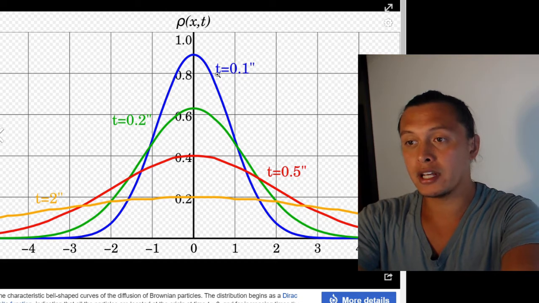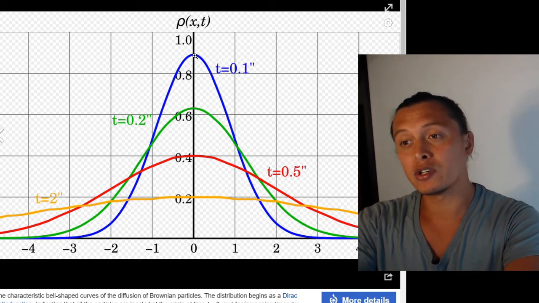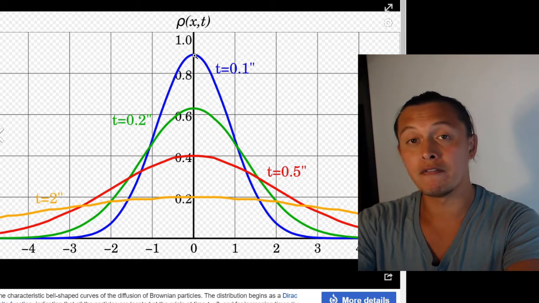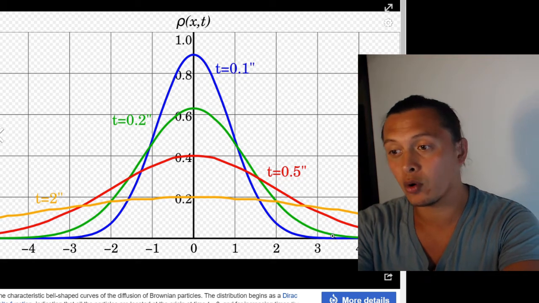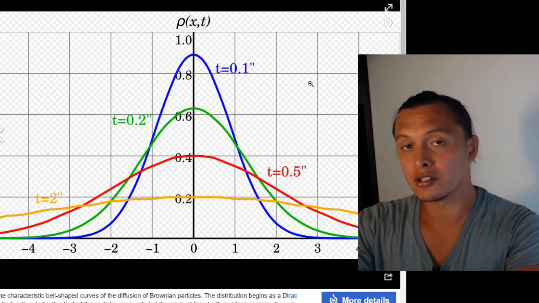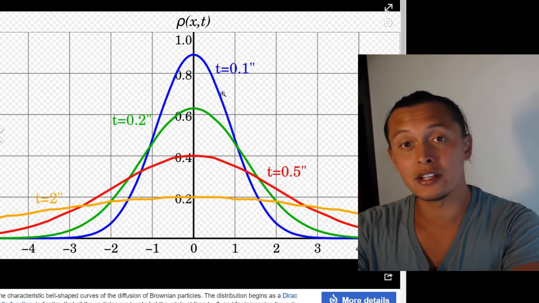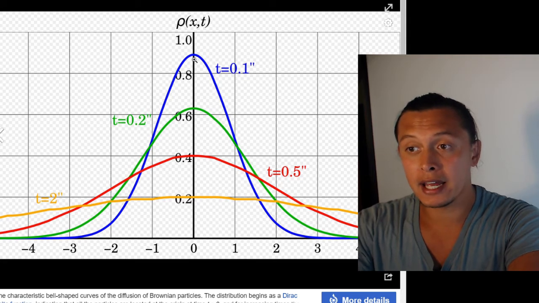However, where T is equal to 0.1 inches, this was not able to travel very far in that particular amount of time. And so you have this much more localized distribution of your material's concentration, which in this case would be a gas. This could be the difference between, say, helium and xenon.